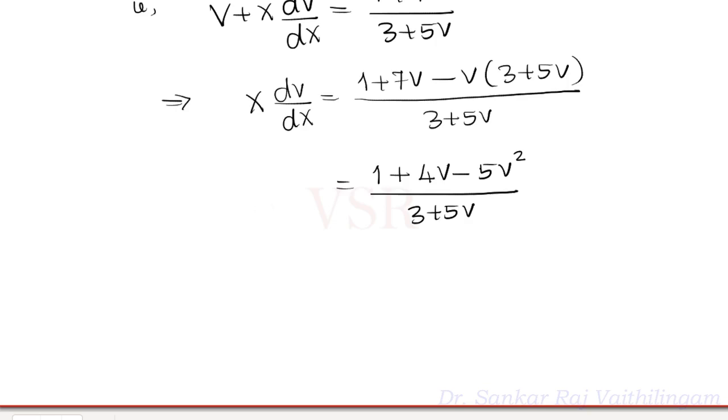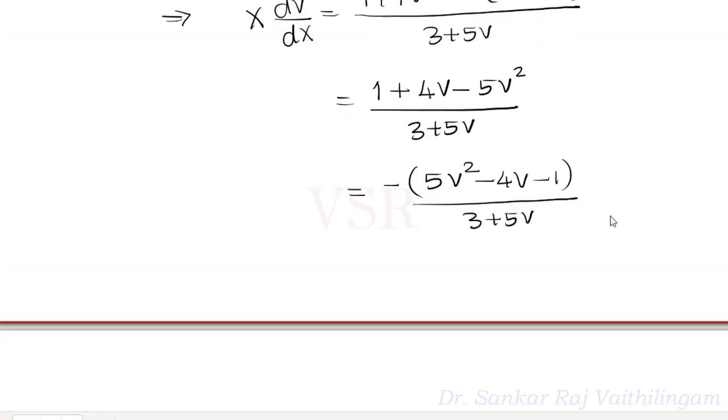It is always nicer if v square is positive, so I may write a minus outside. So we will have 5 times v square minus 4 times v minus 1, divided by 3 plus 5v, equal to x into dv by dx.